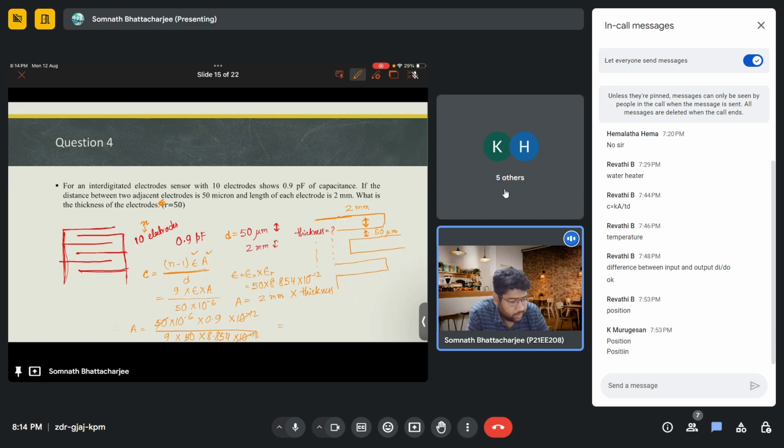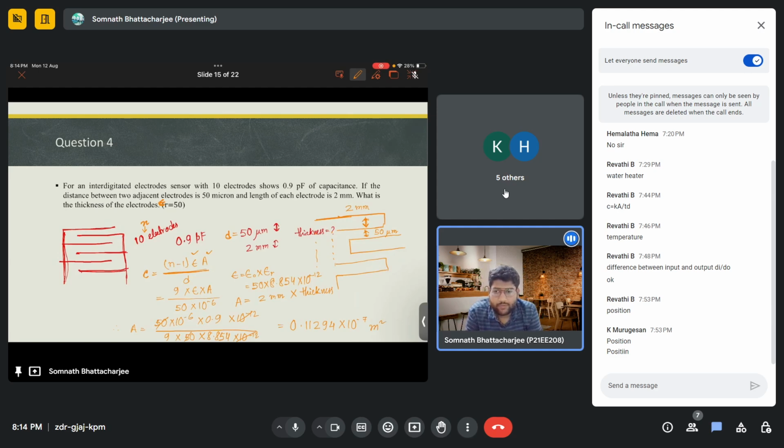So this value, let me calculate, is 0.11294 into 10 to the power minus 7. It will be in meter square.